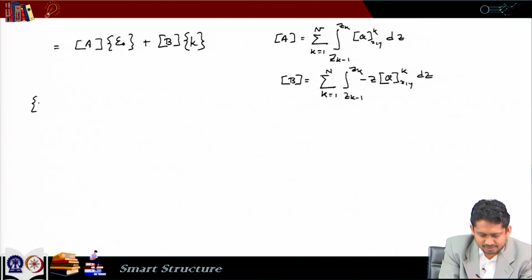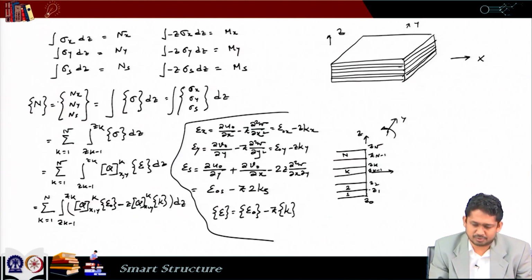Now, we define another vector which is m, and m as we know is obtained by integrating minus z into stress.